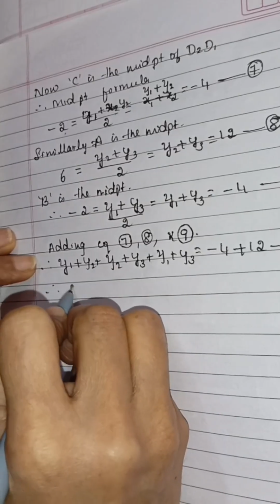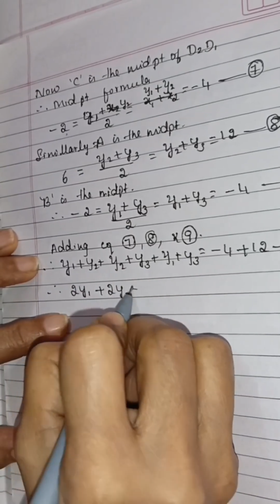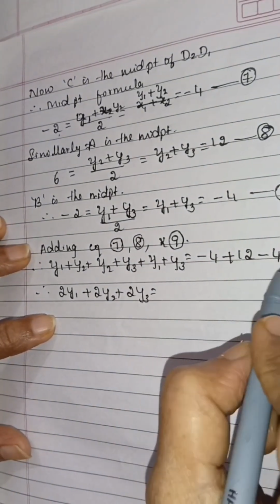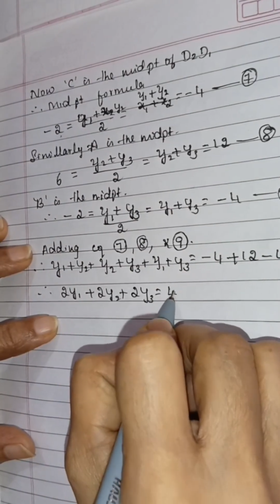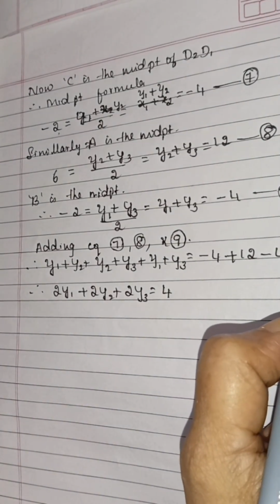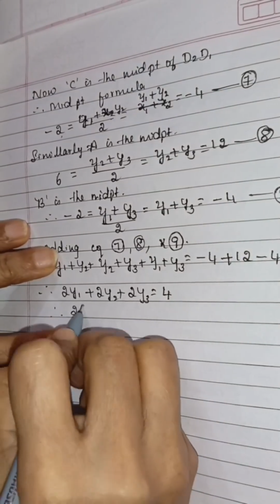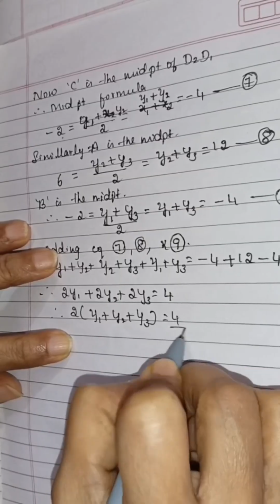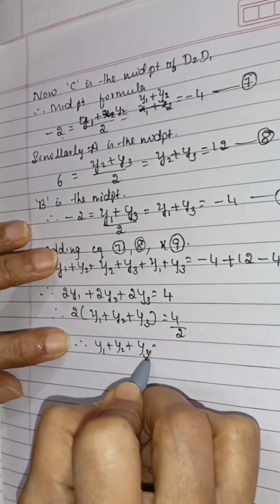Therefore 2y1 plus 2y2 plus 2y3 equal to minus 8 plus 12, that is 4. Therefore 2 into y1 plus y2 plus y3 equal to 4, so y1 plus y2 plus y3 is 2.